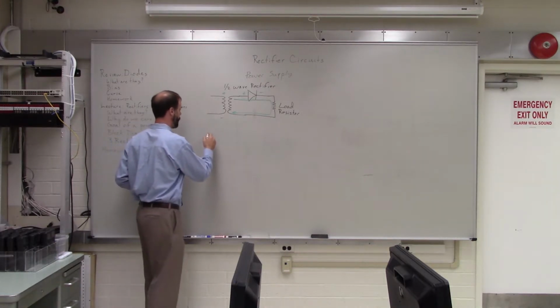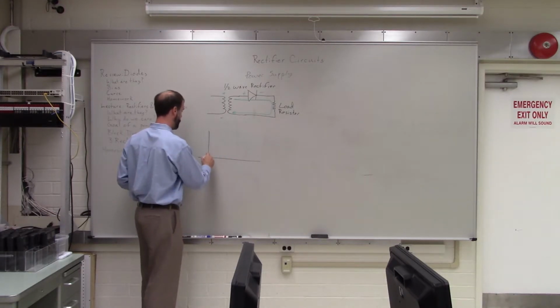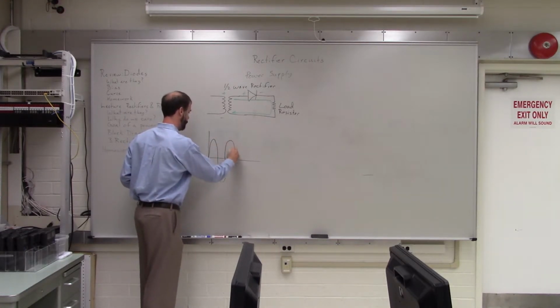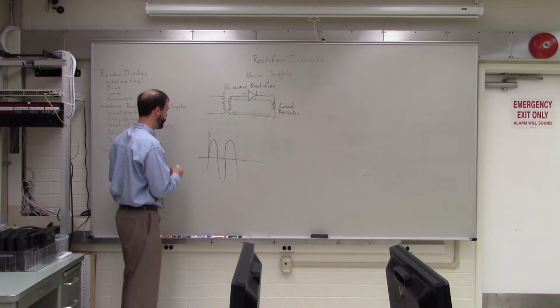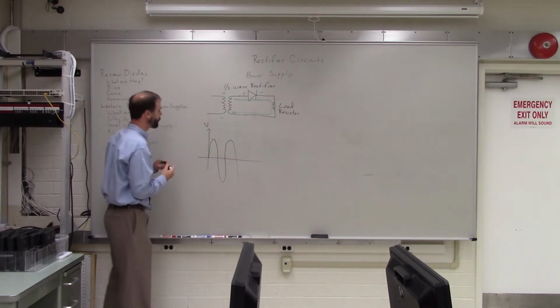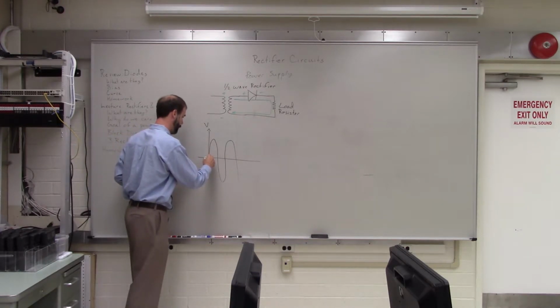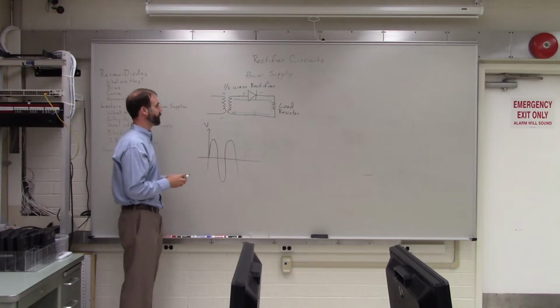So if we had an input voltage that looked like this, then our output voltage would go up when our input voltage was positive.